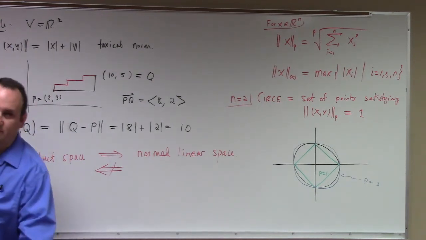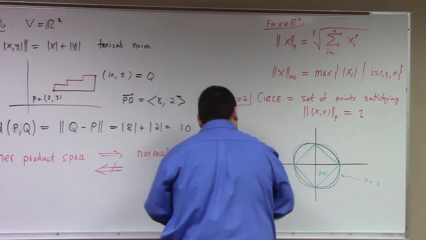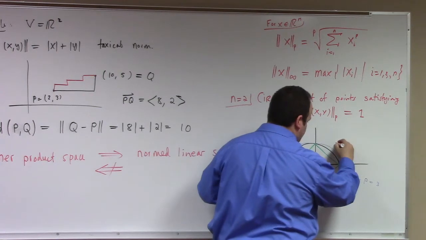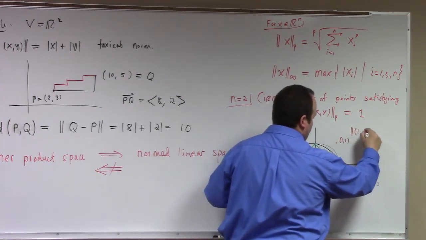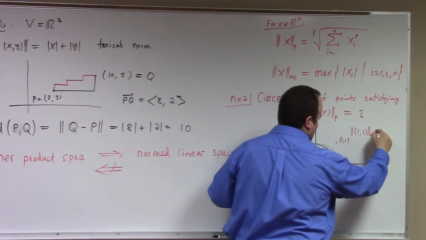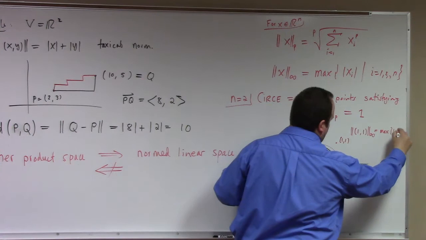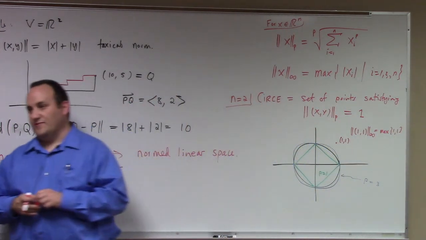Here are some points that are on the sup norm circle. If I need a different marker, perhaps red. One example of such a point would be this point out here, (1, 1). See, the infinity norm of (1, 1) is what? It's the max of 1 and 1, because the absolute value of the first component is 1, and the absolute value of the second component is 1.